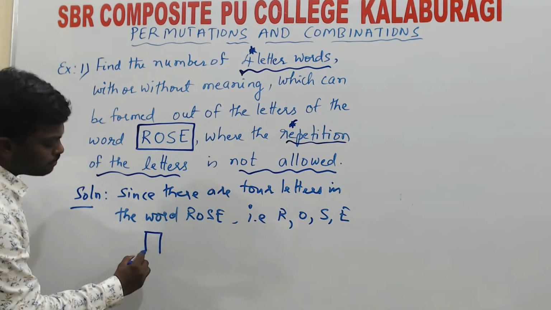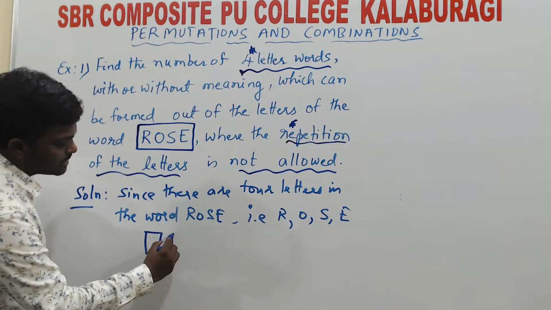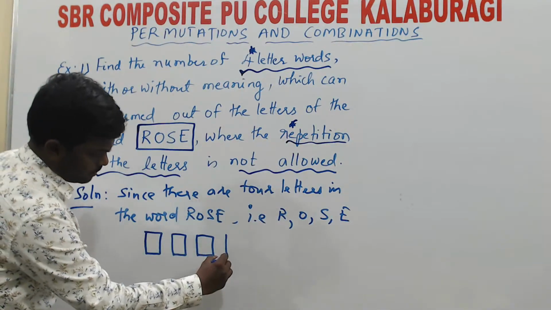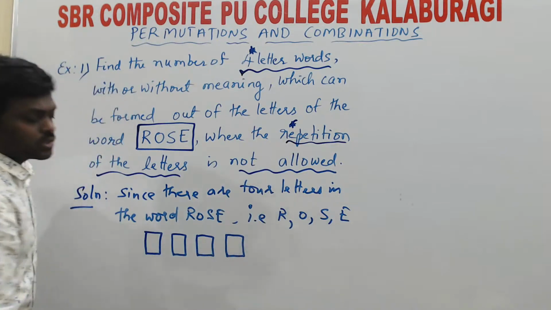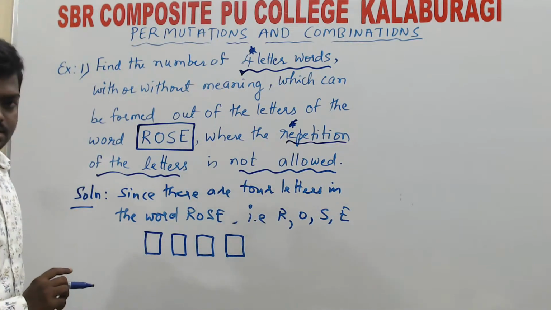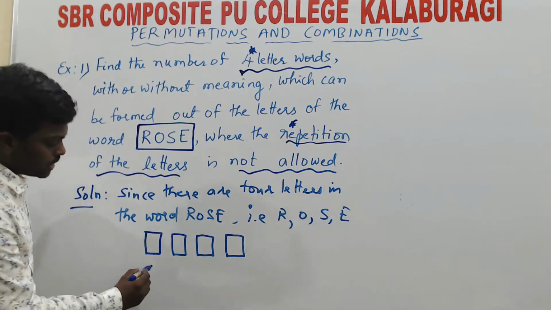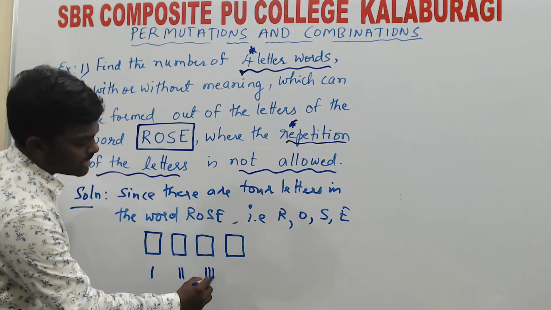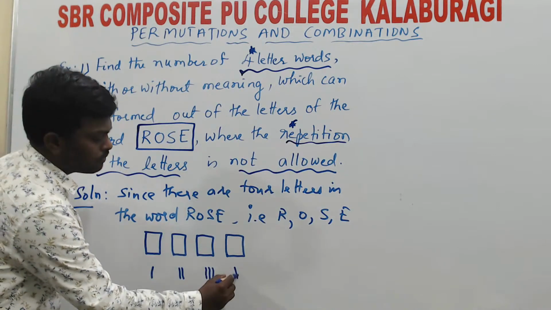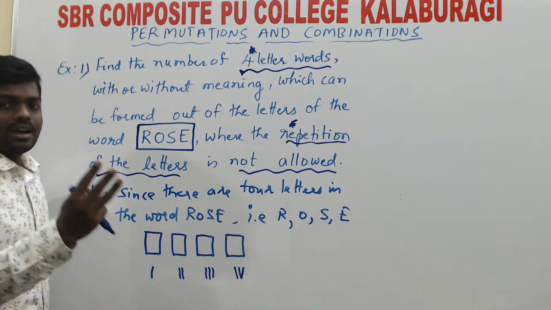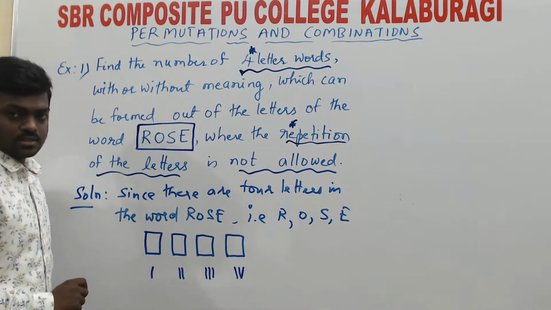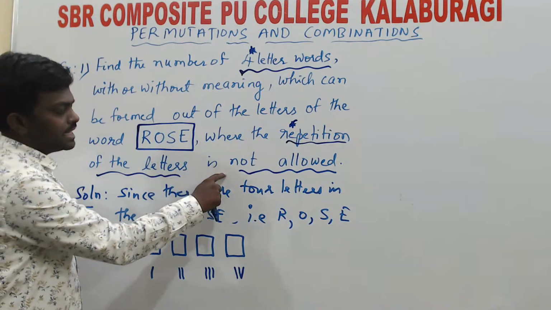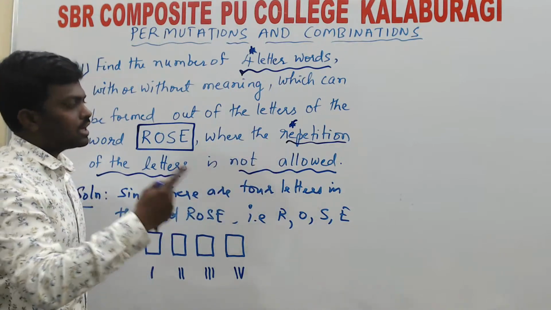So let us take a pictorial representation. Since they have been telling us four-letter words, I have taken four empty boxes. Let me name this as the first box, second box, this is our third box, fourth box, four boxes for the four-letter word. Now, repetition of letters is not allowed.